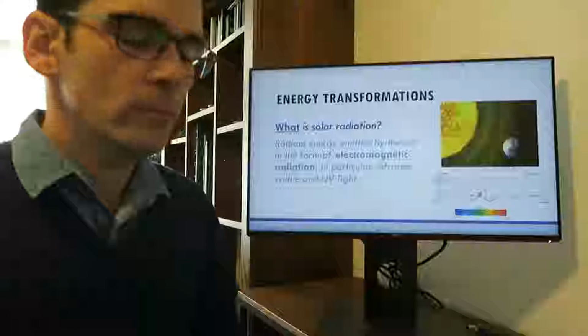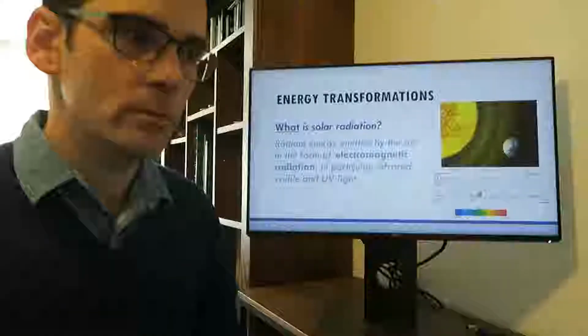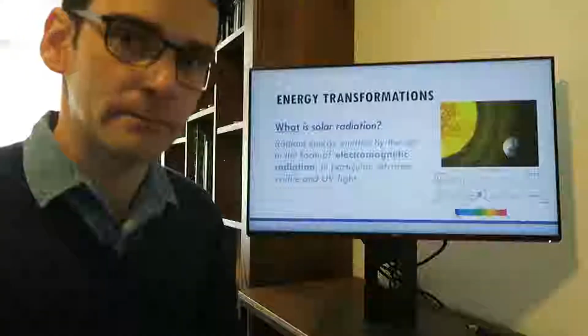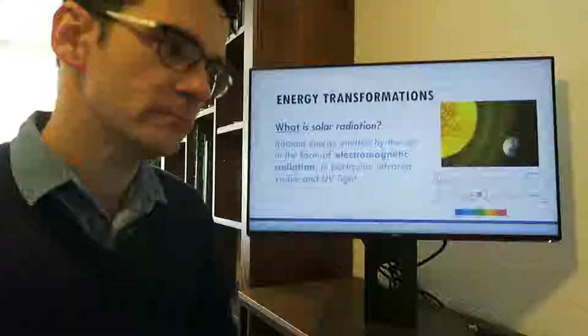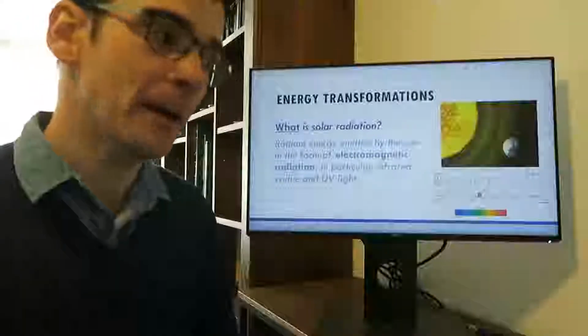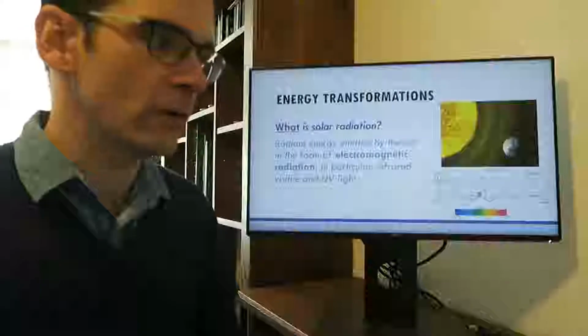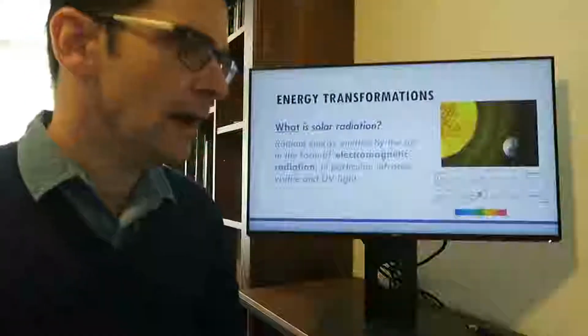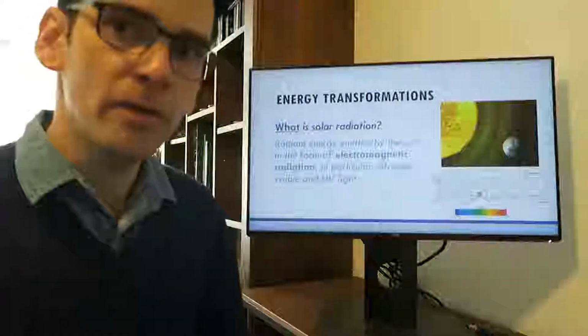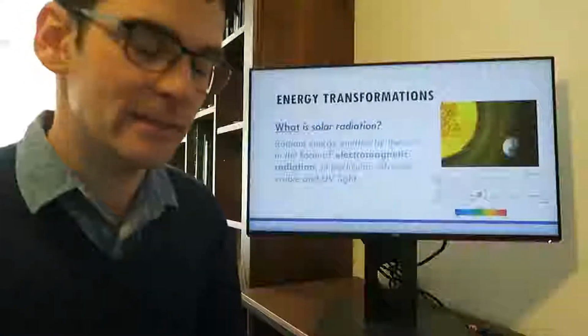Now, what better place to start than asking, well, what is solar energy? Solar radiation, sorry. Could be technically the same thing, but let's just keep with the term solar radiation. Well, firstly, we know that it comes from the sun. Okay, that's not surprising.